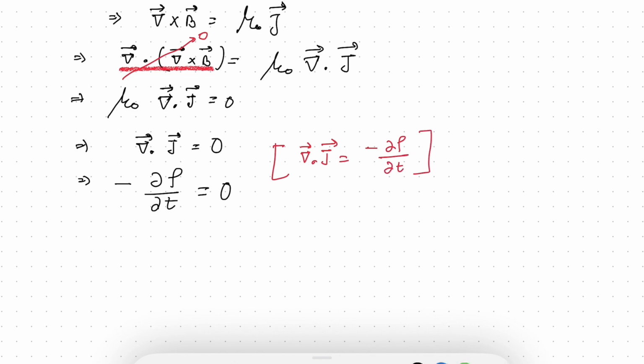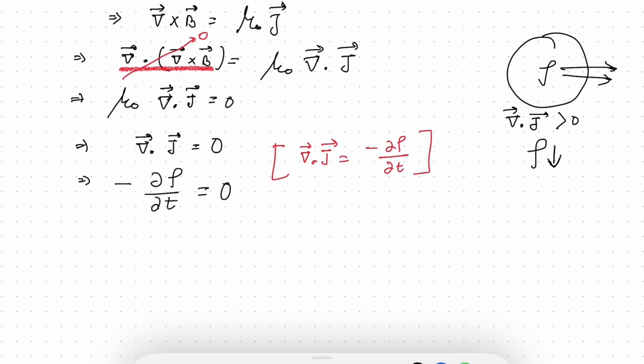Now what is the significance of this minus sign? Let me tell you. Suppose you have a volume enclosing a charge density rho. As the current density divergence del dot J increases, this charge density rho decreases. That's why it is a negative sign, right?